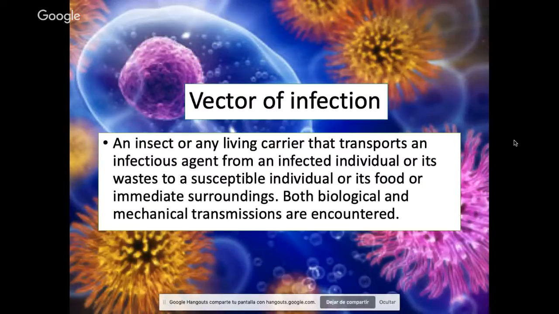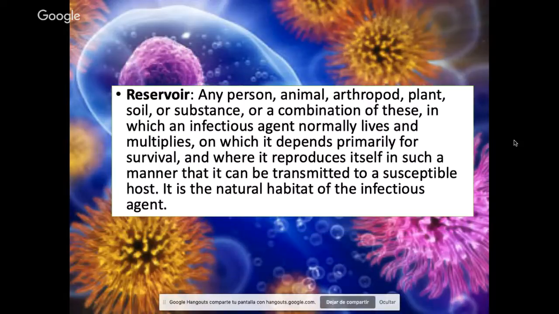Vector of infection is an insect or any living carrier that transports an infectious agent from an infectious individual or its waste to a susceptible individual or its food or immediate surroundings, both biological and mechanical transmission. What is reservoir?